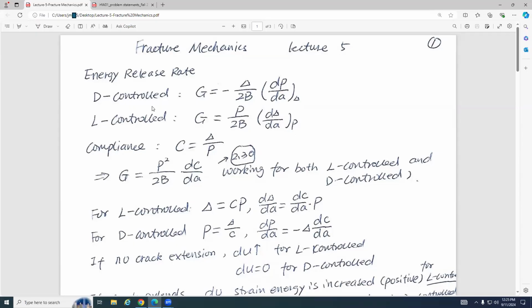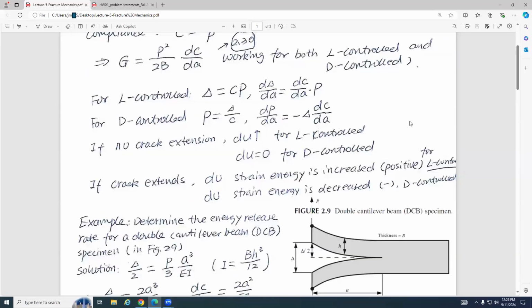C is the compliance and A is the crack length. What is the capital B, guys? Yeah, thickness. Capital B is the thickness of the plate. And this equation works for both load control and D control. Any questions so far?